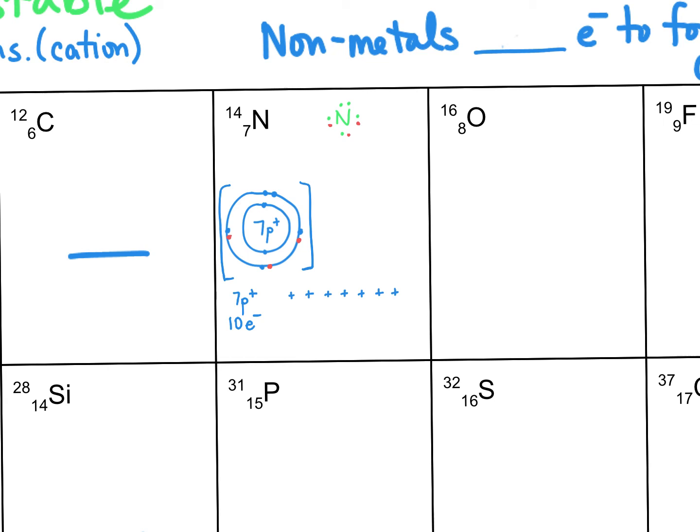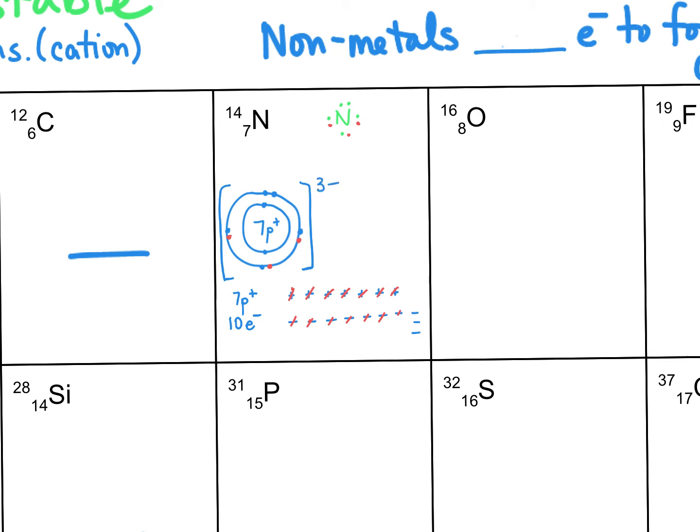We never changed the protons. And now 1, 2, 3, 4, 5, 6, 7, 8, I'm running out of room here, 9, 10. So these positives and negatives will cancel each other 1 for 1, if you need this visual to help you, and you'll see that we have 3 negative charges left over.